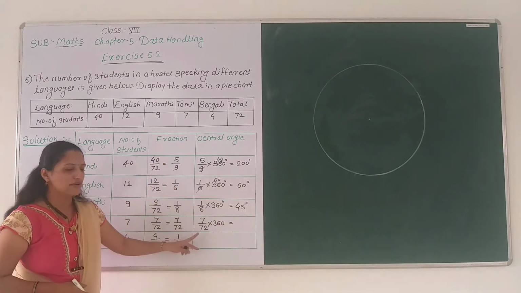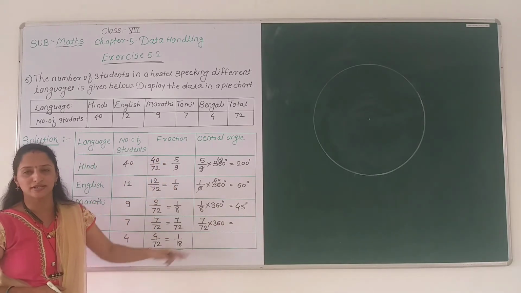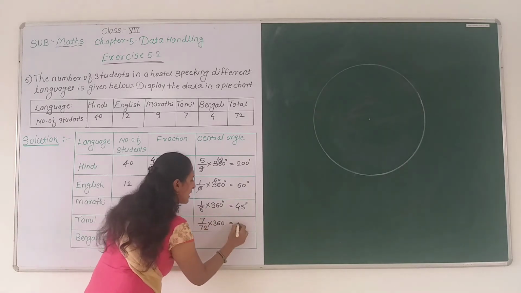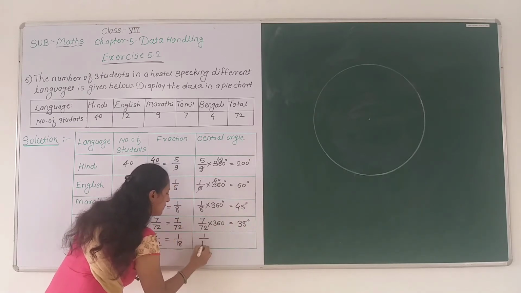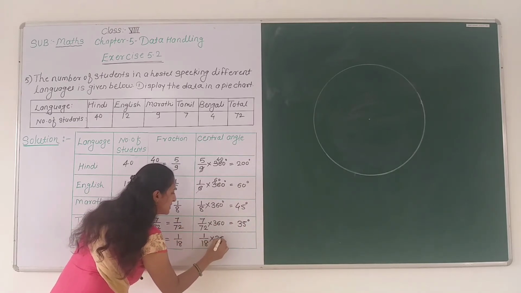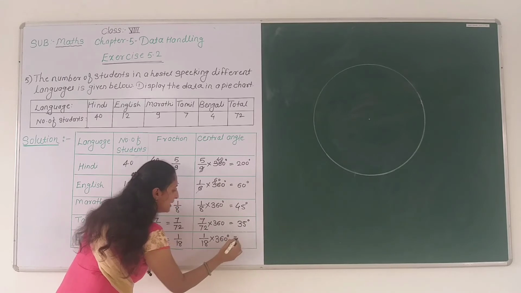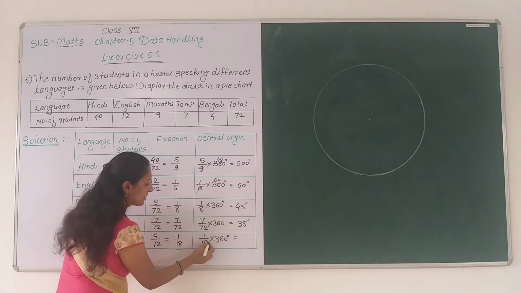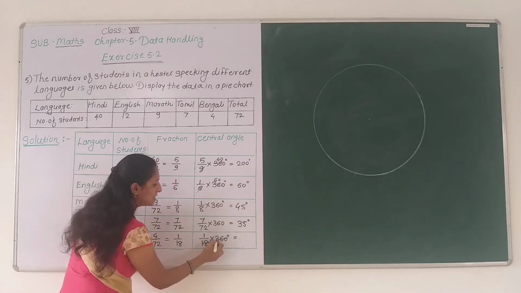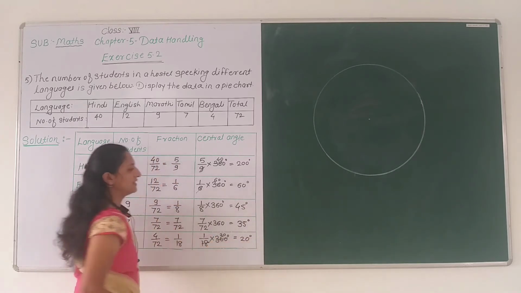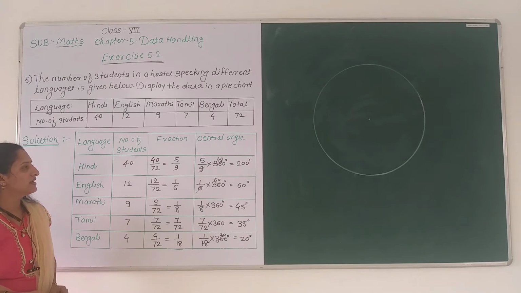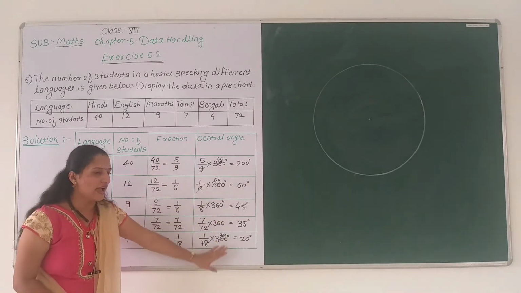After calculating we get 35 degrees. And the last one: 1 upon 18 into 360 degrees. 18 twenties are 360, so the answer is 20 degrees. In this way we find the central angles.